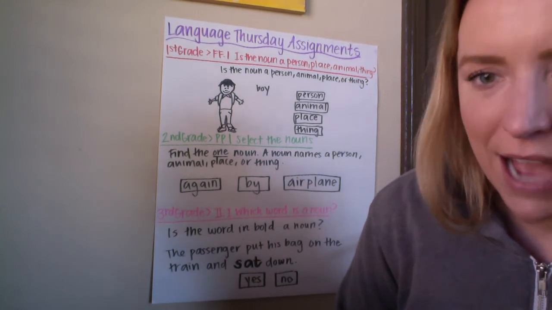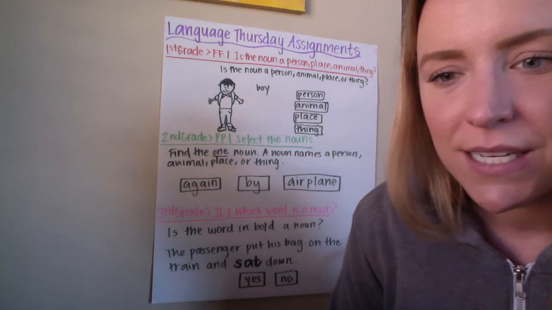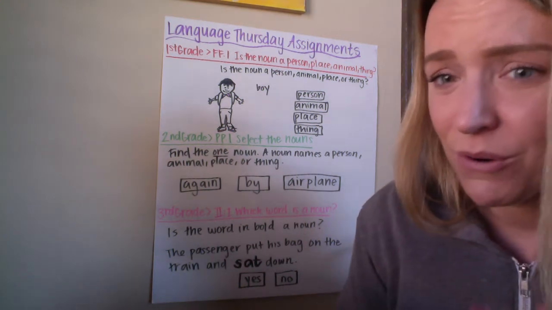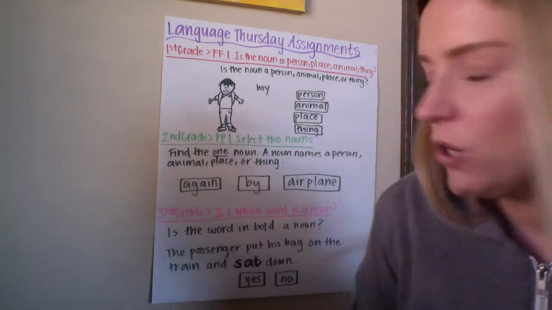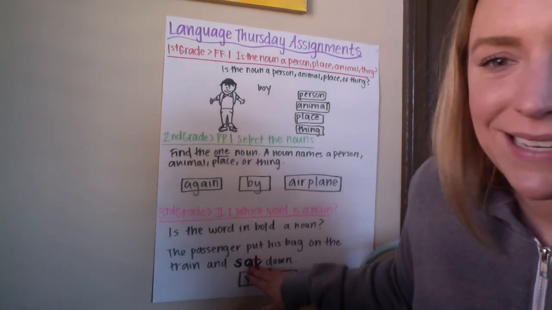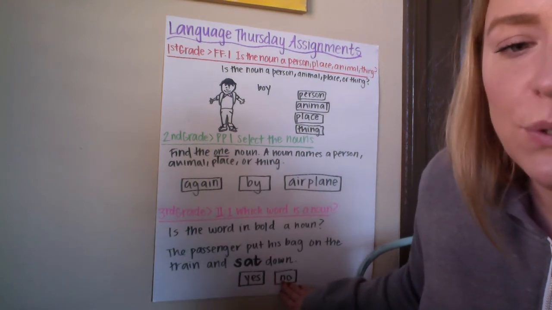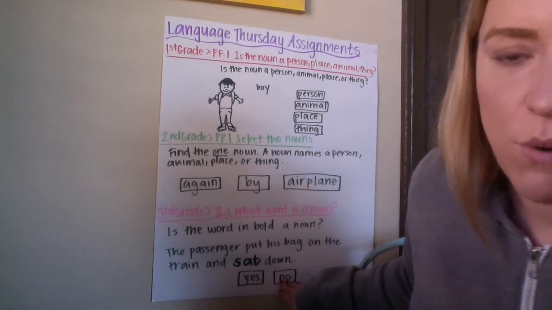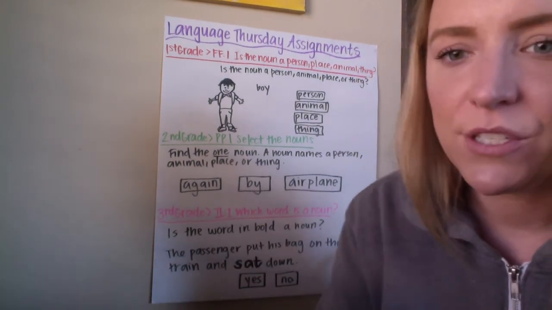I know that sat is an action word, right? It's something that somebody can do. I can sit. I can't really see sit though, or feel it. It's not a person, place, thing, or animal. So sat, it's not a noun, right? It's a verb. It's an action word. So you'd click no for this question because sat is not a noun.